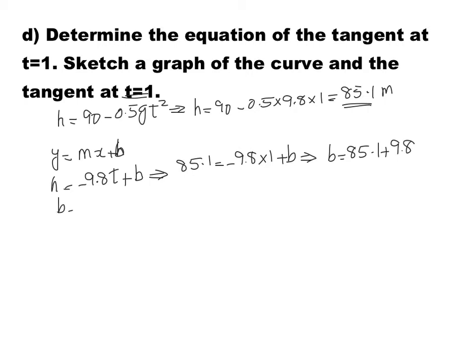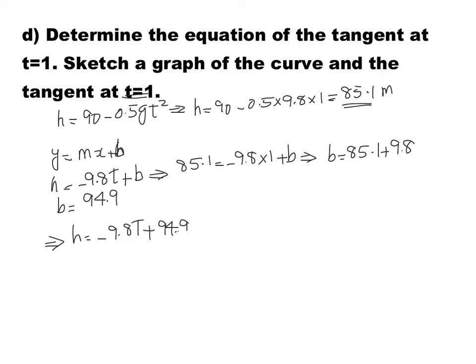So b becomes 94.9. So from here, I get the equation of the line is h is negative 9.8 t plus 94.9. I'm going to leave the sketching of the graph and the tangent to you.